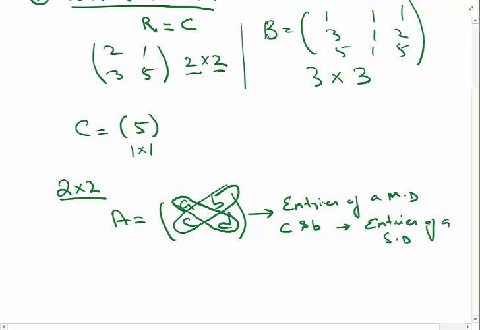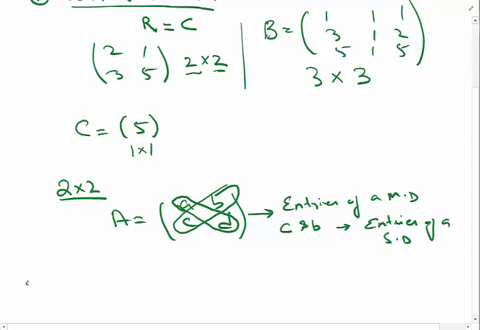Alright, so ad is the main diagonal, cb is the secondary diagonal, and if I ask you to identify the elements of the main diagonal, the entries are a and d, and if I ask you to identify the entries of the secondary diagonal, then entries are c and b. Alright, so this is about the structure of a 2 by 2 matrix.